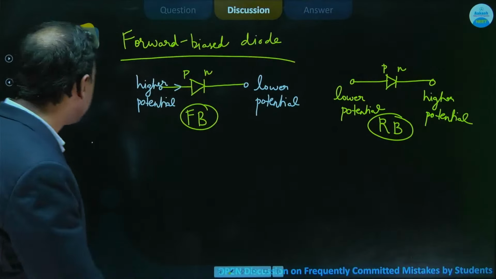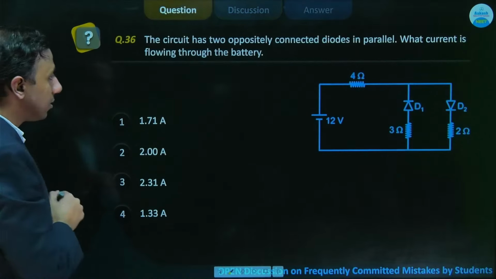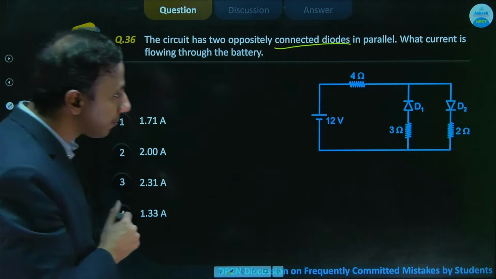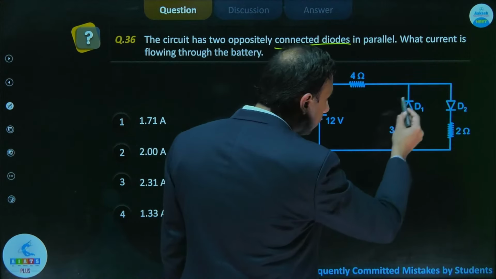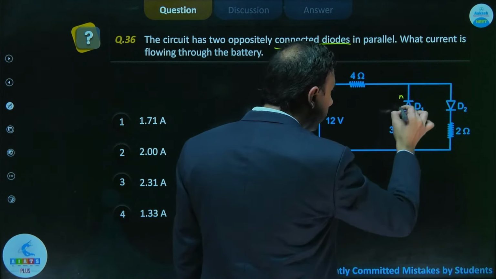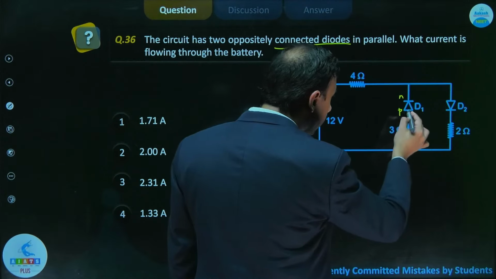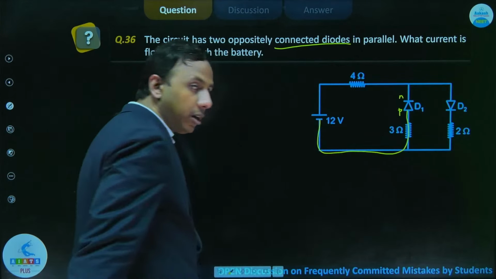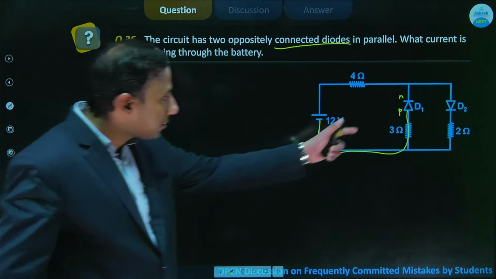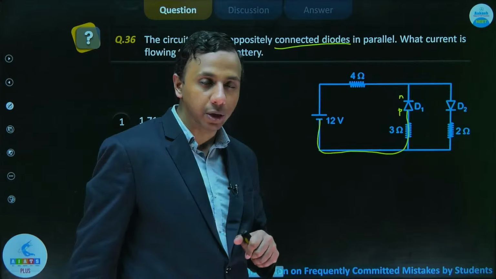Okay. Now if you come back to the question, see which one is which. If you notice this diode D1, this is your P and this is your N, isn't it? Remember, this P is connected to which side of battery? P is connected to the negative terminal of battery. That is, P is at lower potential, N is at higher potential.